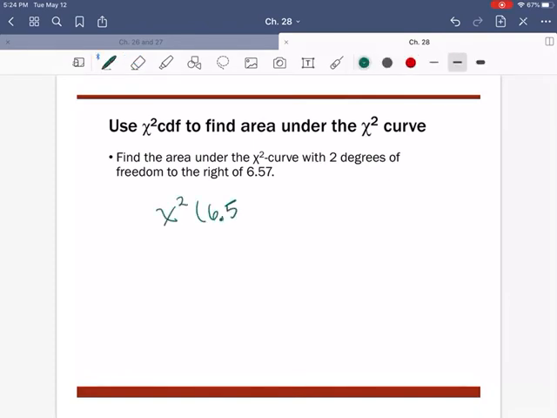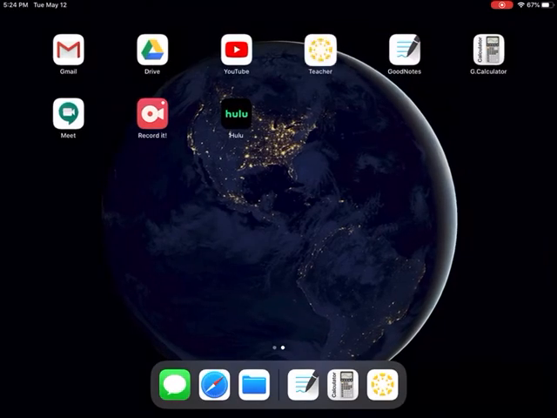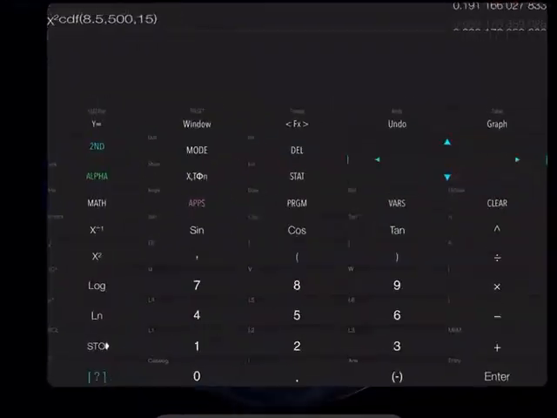Okay, find the area with 2 degrees of freedom to the right of 6.57. You could just again type that into your calculator.